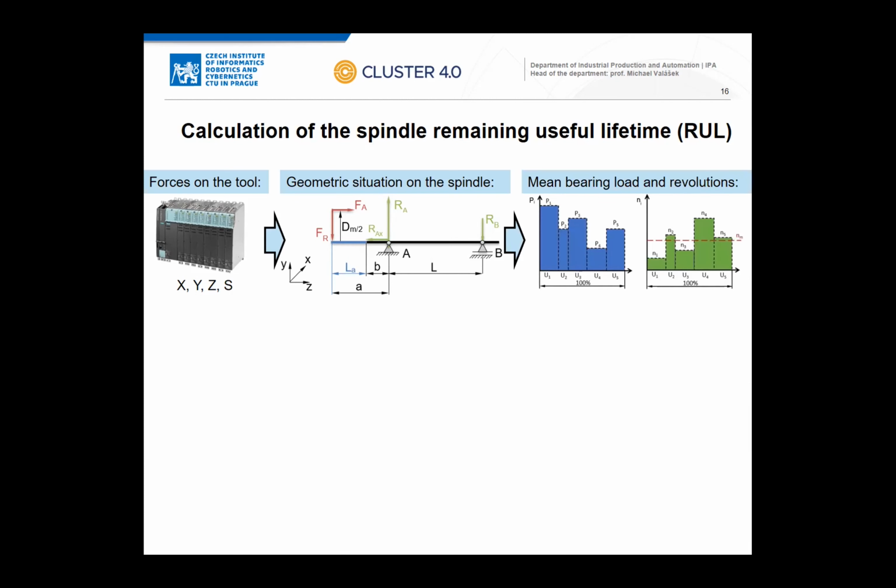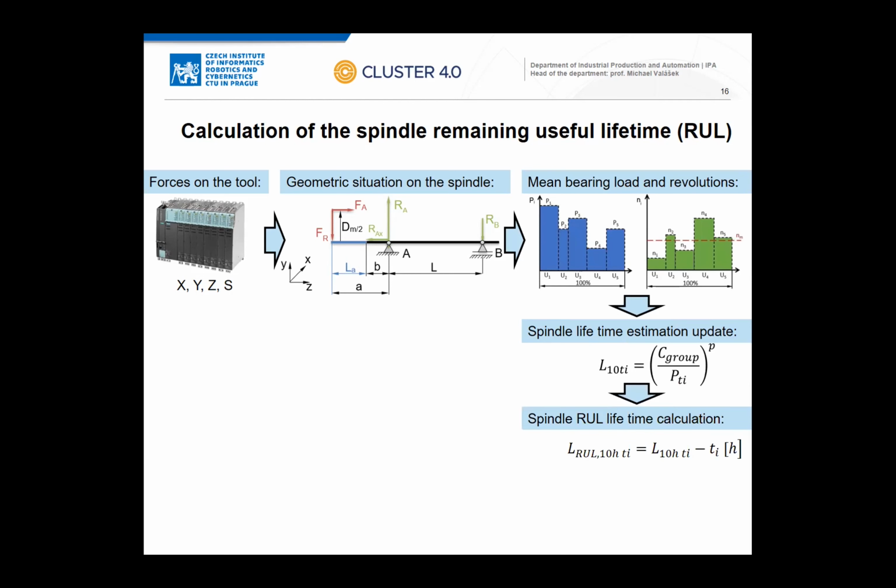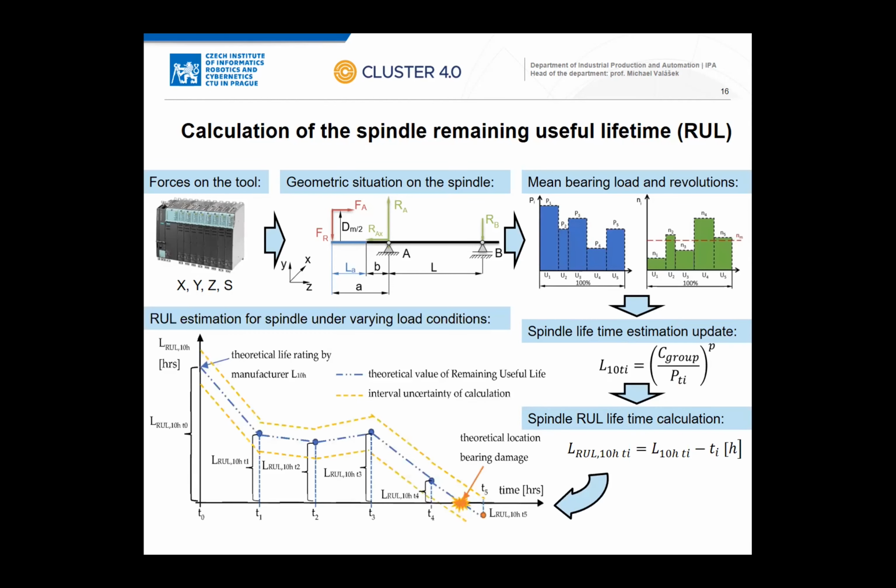We also monitor the time distribution of the load and revolutions, and these are inputs into one formula for recalculation of the total lifetime of the spindle bearing. Then, taking this result minus the already total operating hours, we get as a result an estimation of the lifetime of the spindle.